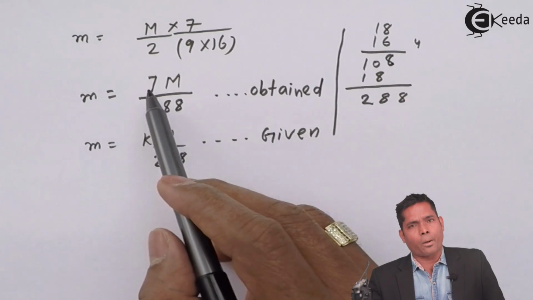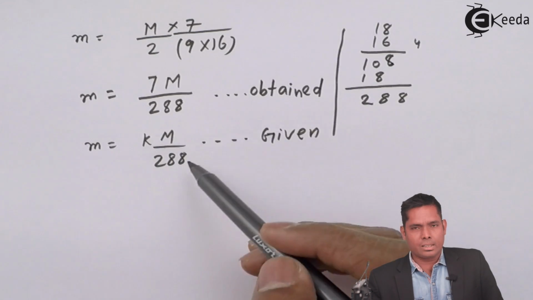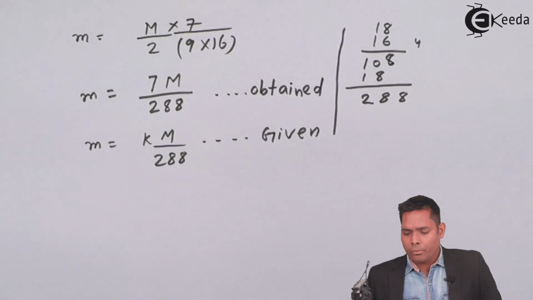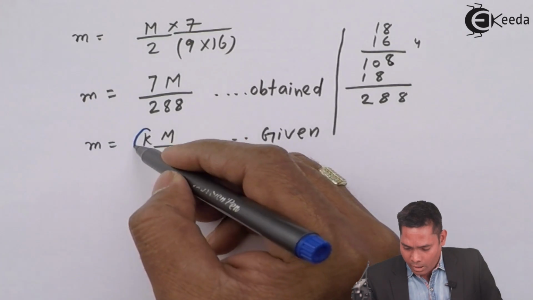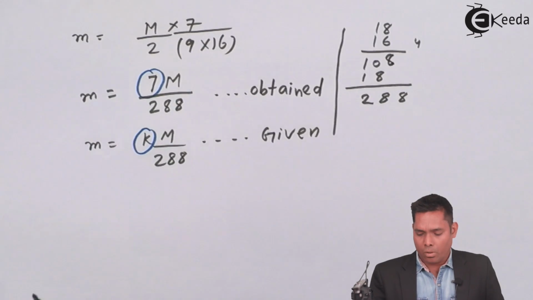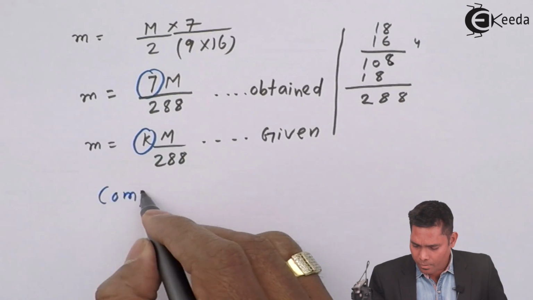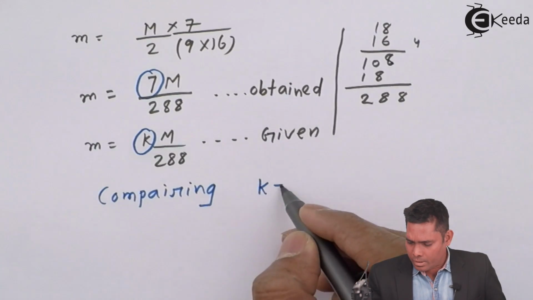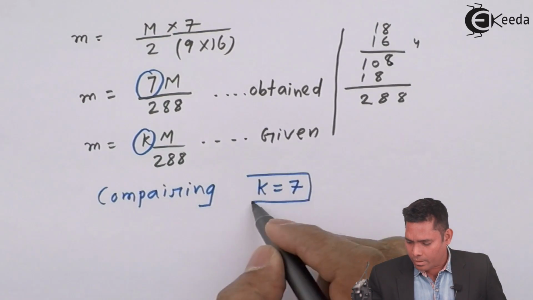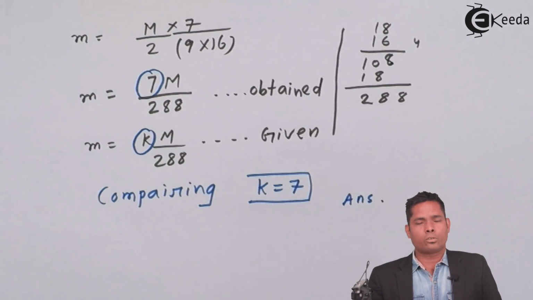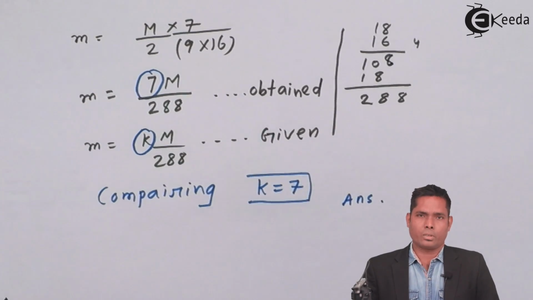So if I compare these two results, that is what is obtained and what is given, then clearly we can see that this k, which is to be found, must be 7. So comparing, k is 7, and this is the answer to this question. Okay, so k must be 7. Okay, thank you.